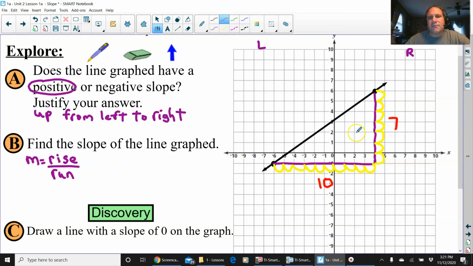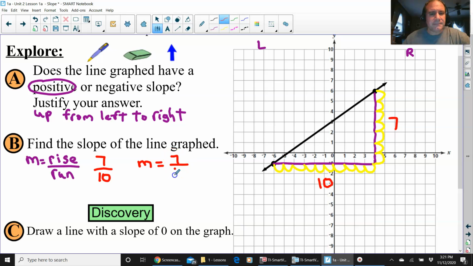So my rise represents up or down. What number represents the up? Yes, if you said 7, that is correct. What number represents my right, my run to the right? Yes, it is 10. So the slope is m equals 7 over 10. And that is my answer.